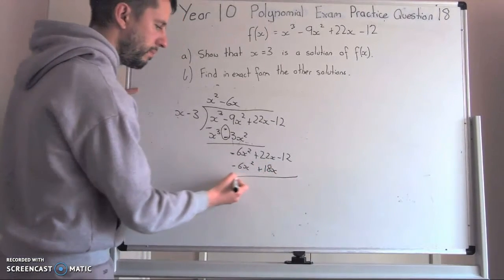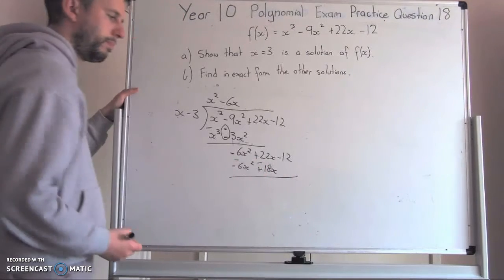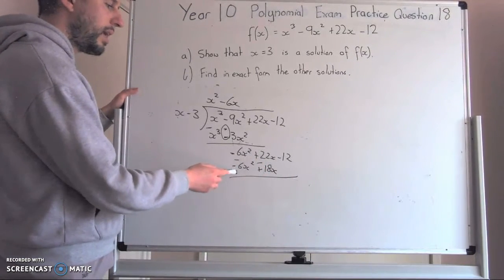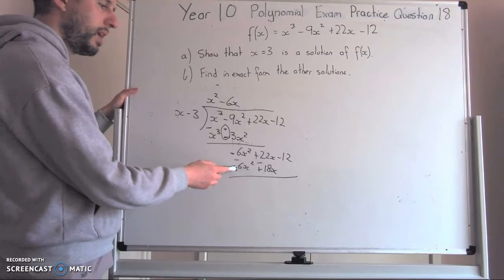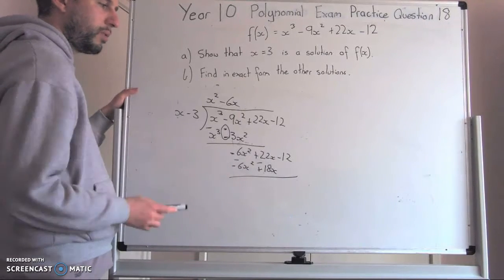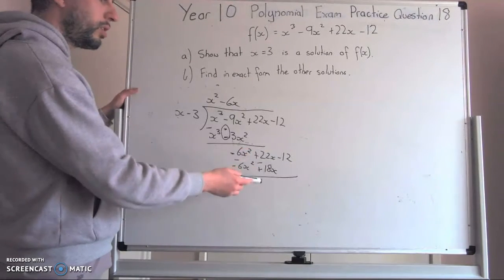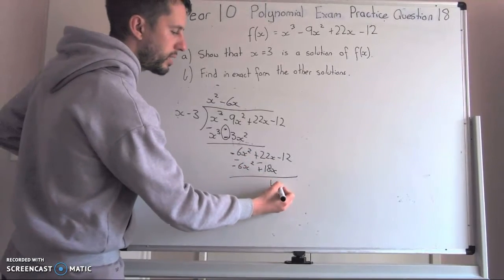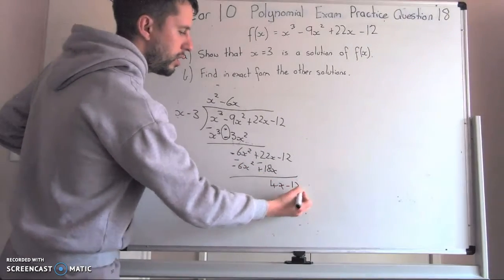I again take this away. So negative 6x squared, take away a negative is a positive and it cancels out. 22x, take away 18x gives me 4x. Take away 12.